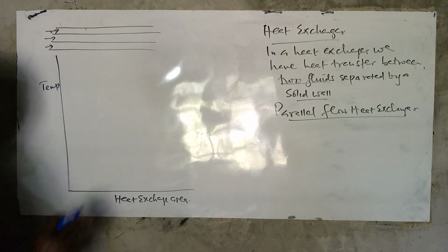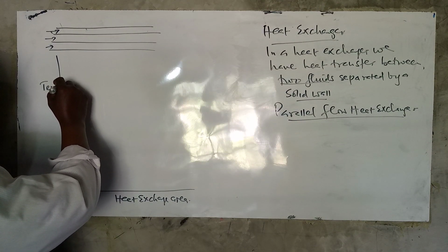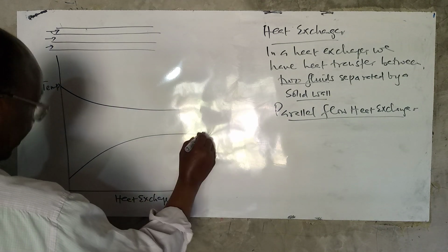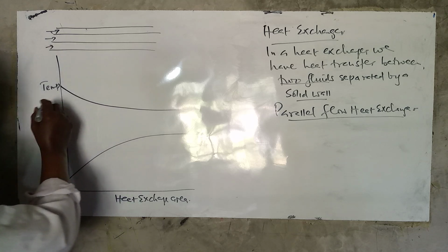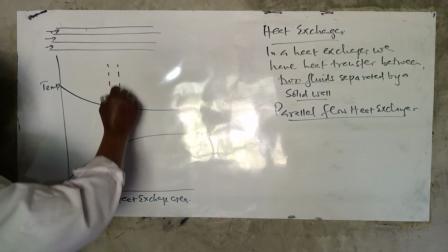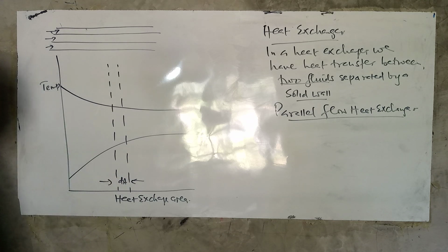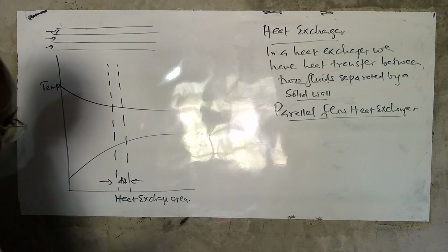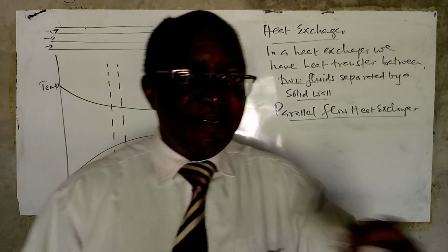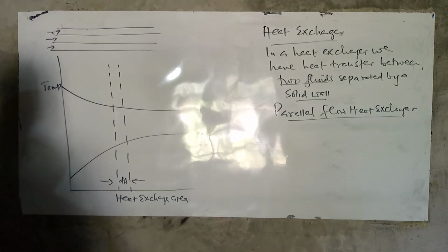So one of the fluids must be at a lower temperature, the other one at a higher temperature. This is for parallel flow. Let us consider some elemental area, which we call dA. To calculate the rate of heat transfer, we must get a mean temperature for the two fluids where the heat transfer is taking place.